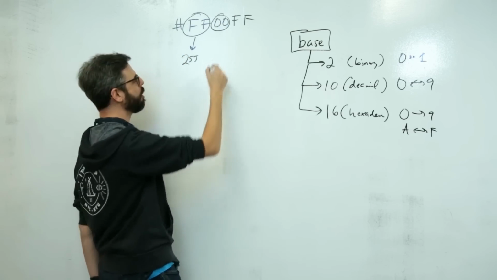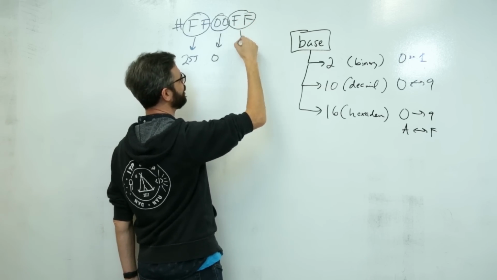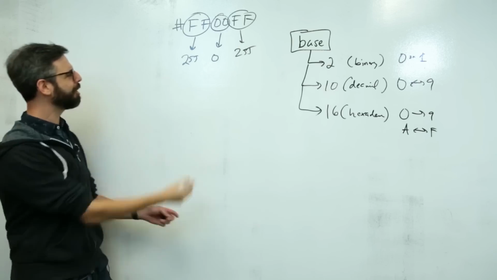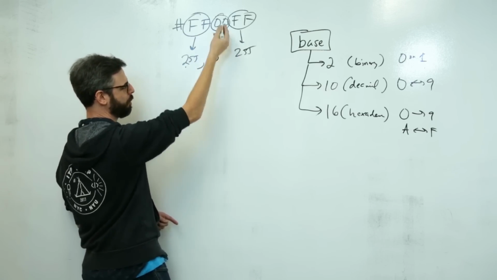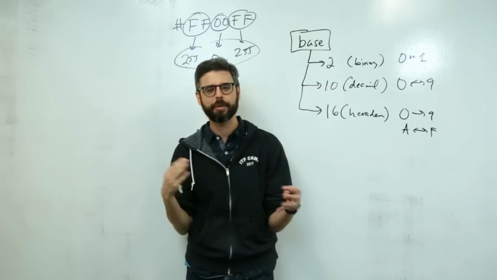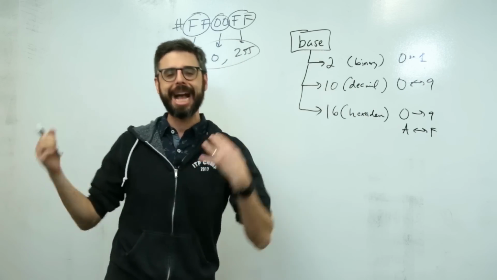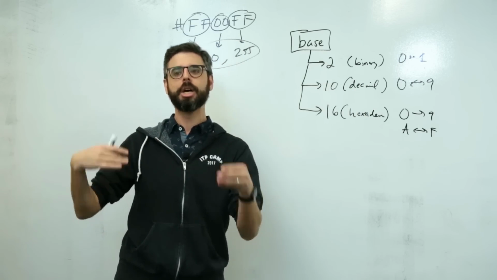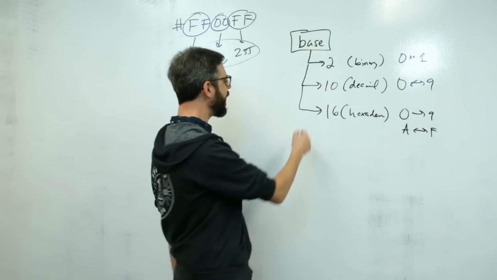This 00 in decimal is 0. This FF is 255. So this is a representation of the color: red of 255, green of 0, and blue of 255. So this kind of encoding of information exists. And by the way, in my 7-segment display, there were hexadecimal representations of what should be displayed on the 7-segment display.